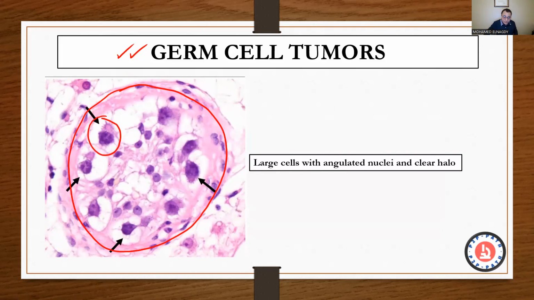These large cells have large angulated nuclei, which look like a rock, and a clear cytoplasmic halo around them. These cells occupy the whole seminiferous tubule, but still the contour of the seminiferous tubule is preserved. This means no invasion, so I'm dealing with germ cell neoplasia in situ.